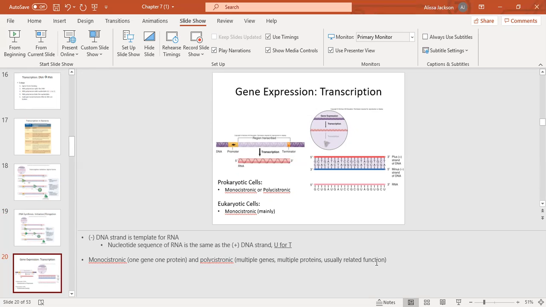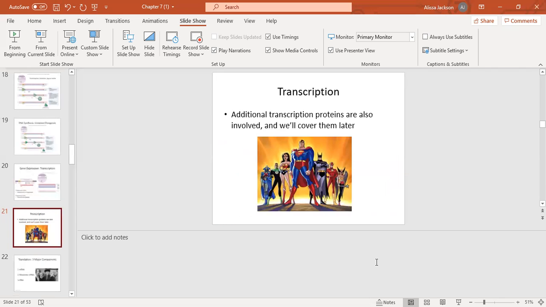So the lac operon, those genes are involved in metabolizing lactose. So it makes sense for the bacteria, if lactose is present, to just transcribe all the genes you need at once to metabolize lactose. Cool.